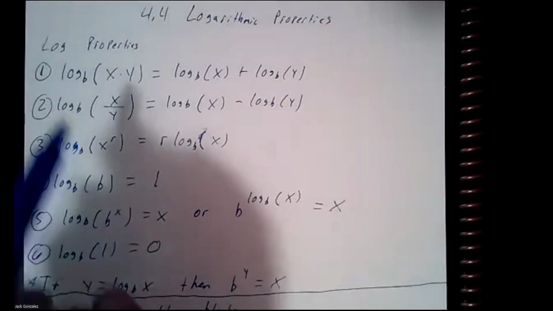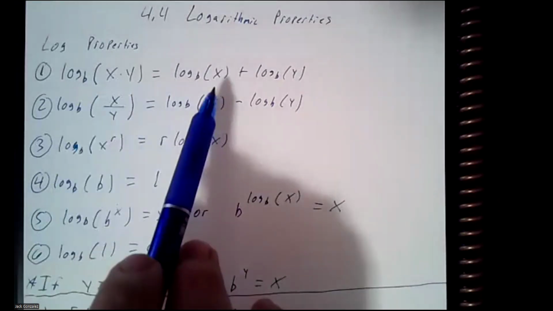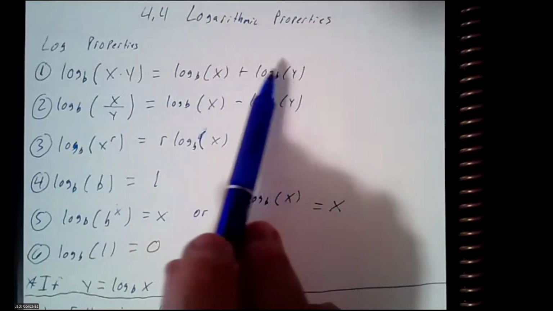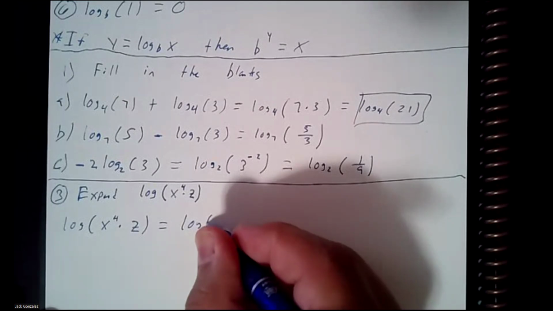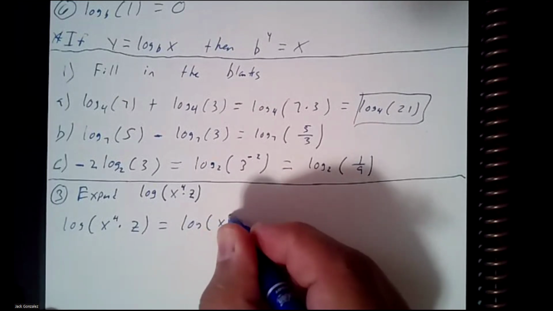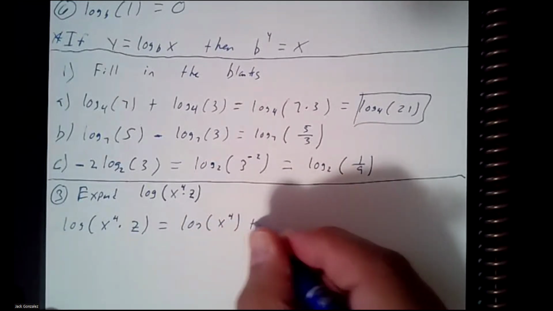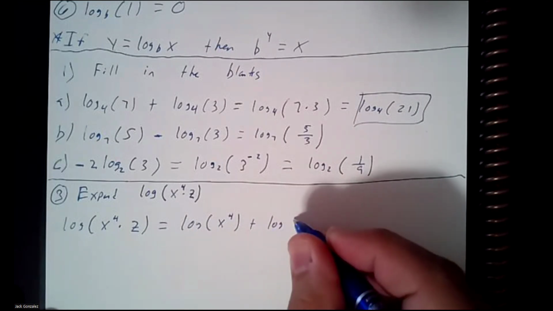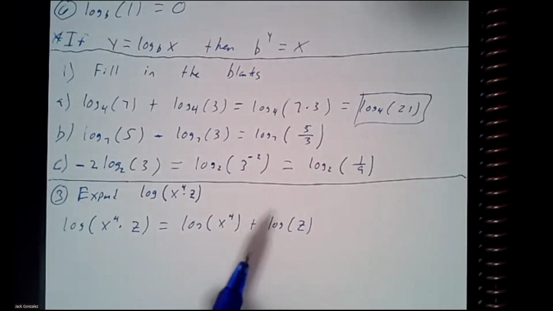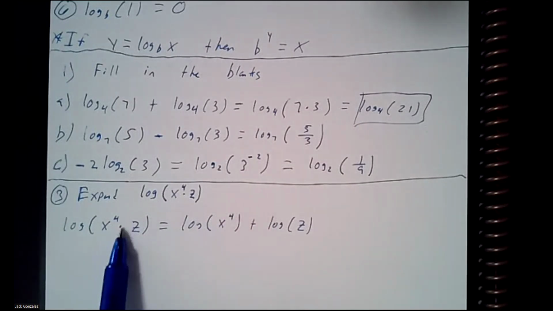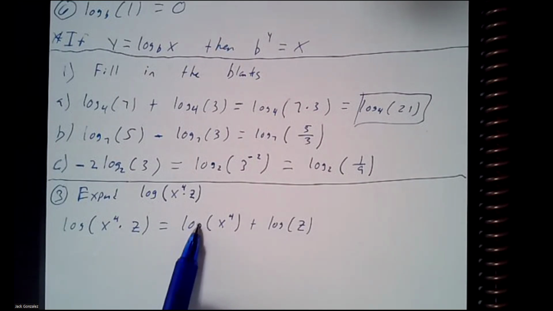All right, number one says if you have times, whatever's in there can be changed and expanded into a sum. Does that make sense? You separate this into a sum of the same base.